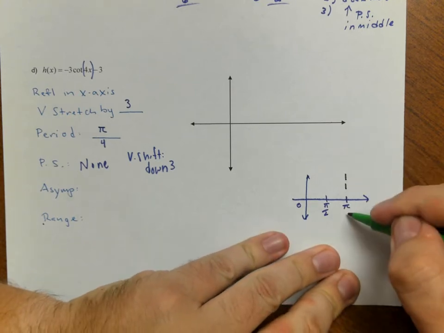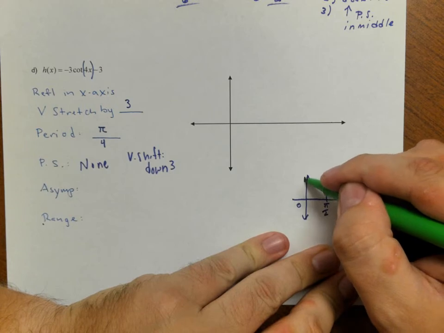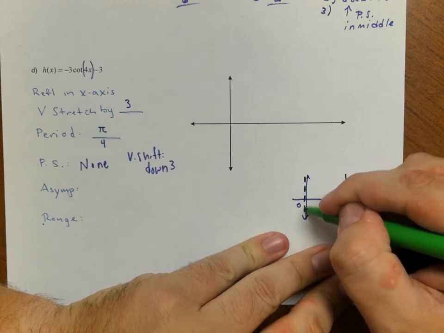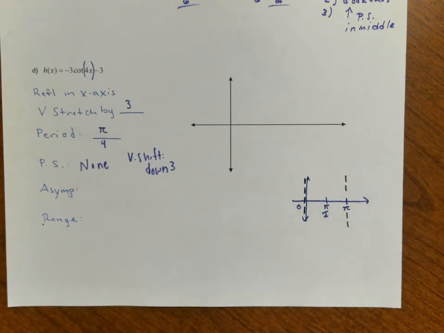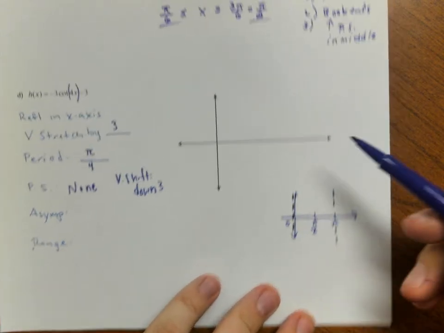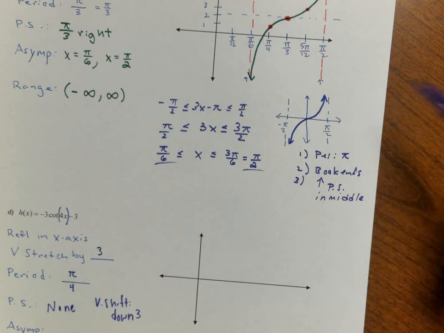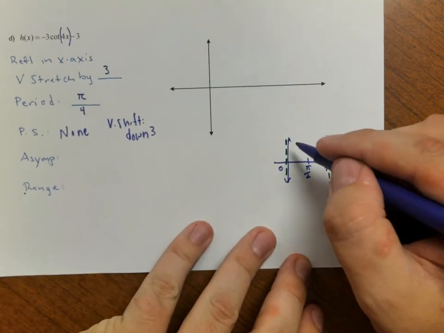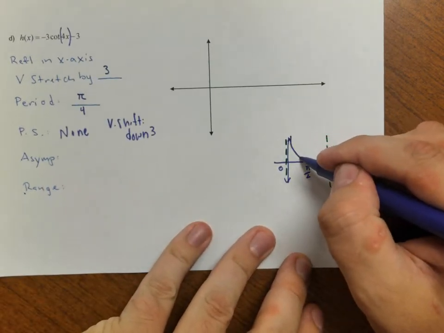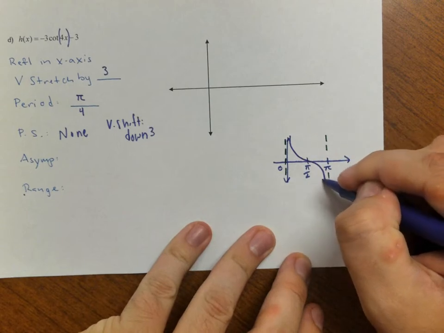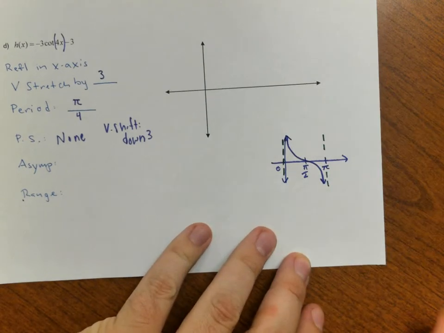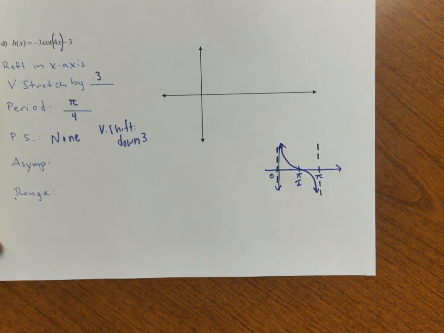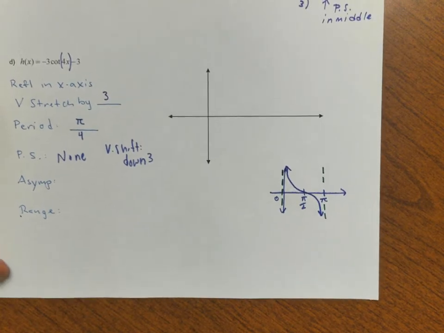I have asymptotes at x equals pi and at x equals 0. Where our tangent naturally went up, our cotangent will naturally go down. So we have a very general sense of what the cotangent would look like.